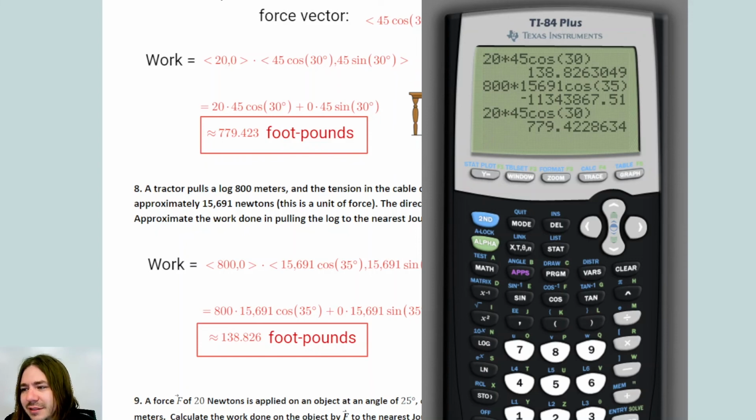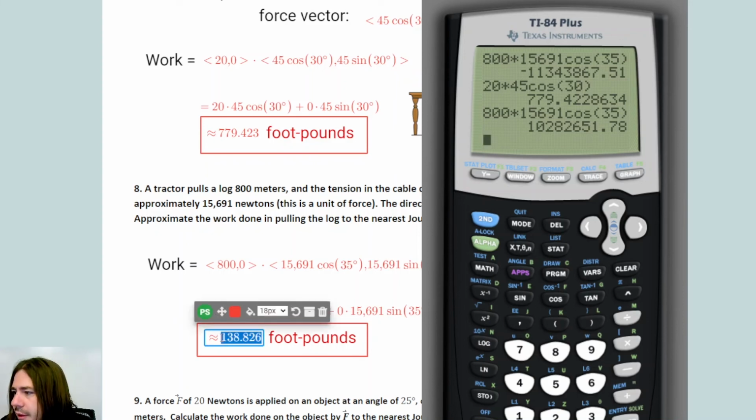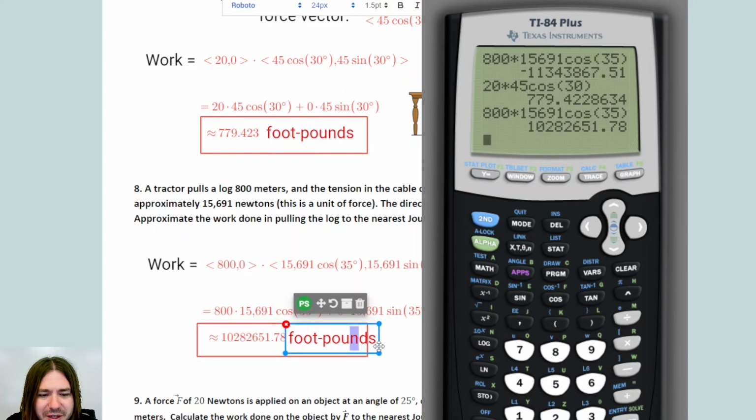Okay, so now that we've got that fixed up, let's go back and calculate the number 8 here. Gosh, what a pain. All right, that is a huge number. Yeah, that's what it is. So let's go ahead and write it down. There's no commas in here, so let's throw some commas in so it's a little easier to read.